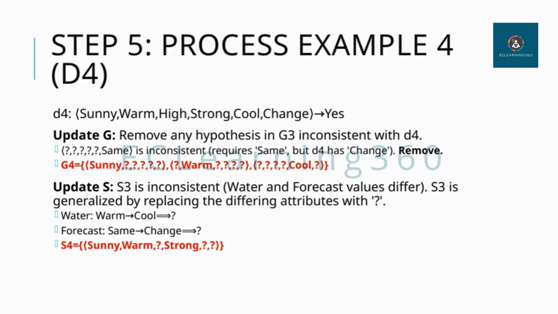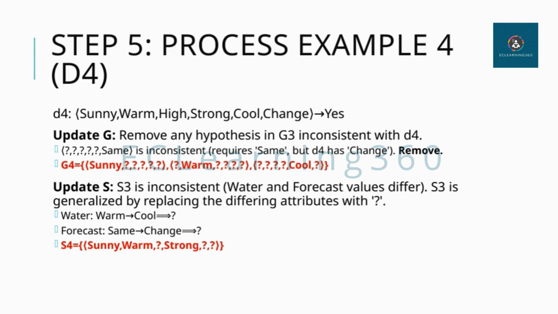Next, we look at our version space. As previously, in S3, there was an inconsistency because the water attribute and the forecast attribute had conflicting values in the hypothesis and the example. To fix this, we generalize S3 by replacing the differing attributes with '?', which is a wildcard symbol that represents any value.